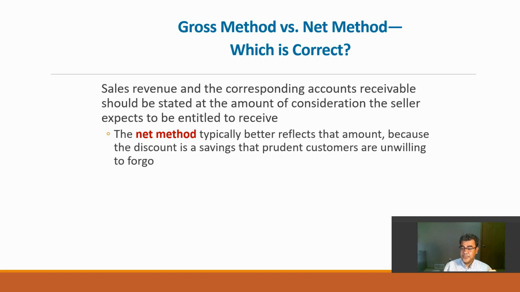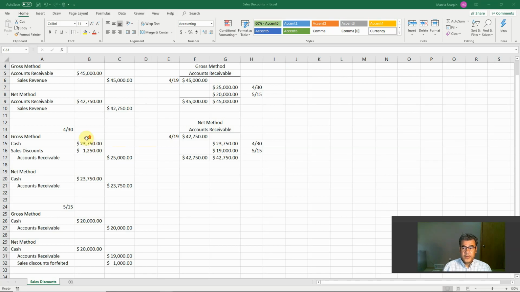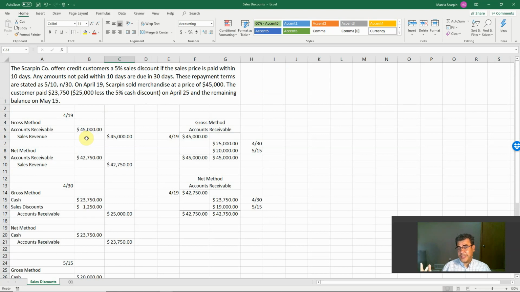However, it doesn't matter if you are in the US or any other country. For tax, we always consider the gross method. Why? Because we have sales tax, and we can call it by very different names, but we pay tax based on sales. For instance, sales tax in the US, VAT in Europe, IVA in Brazil.